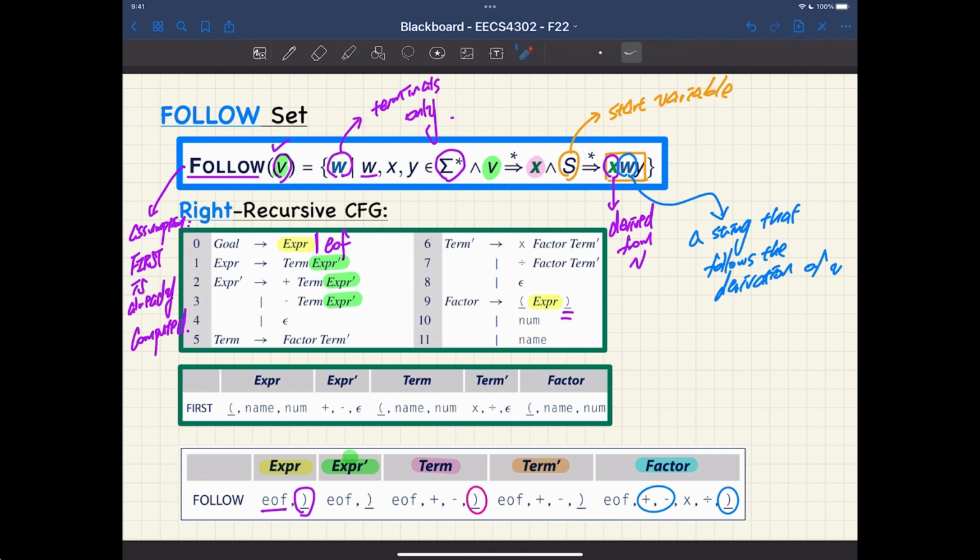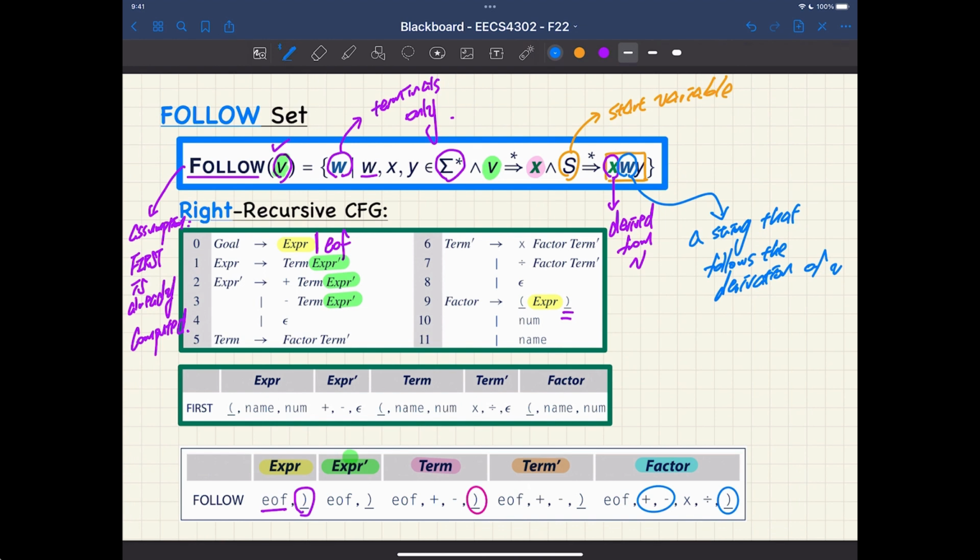Let's first of all consider this one. This is like a special case in the sense that expression prime happens to be the rightmost component of this particular production rule. So what follows expression prime would be just the same as what follows expression. Do you see what I mean?